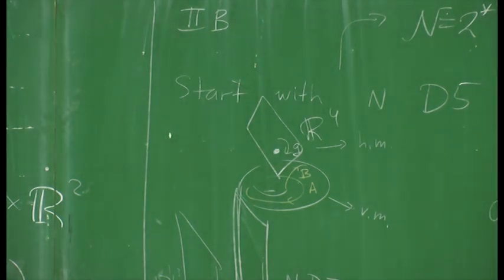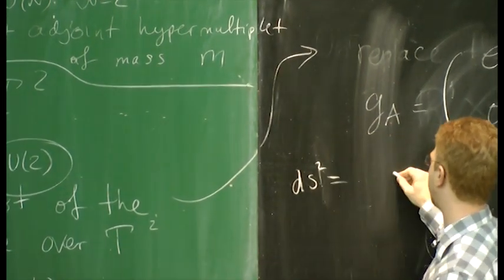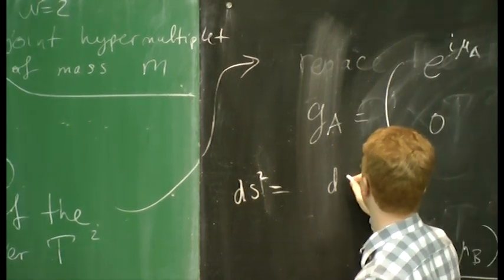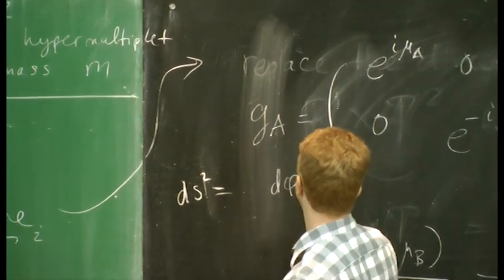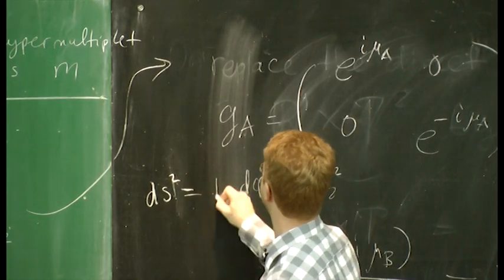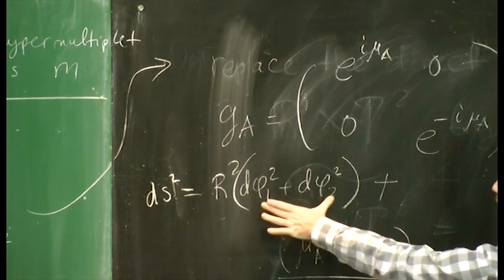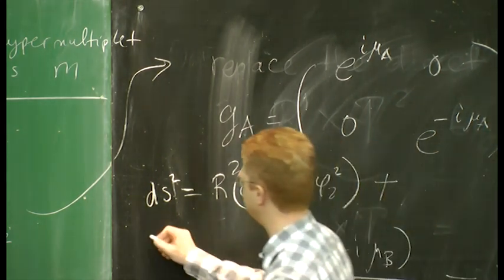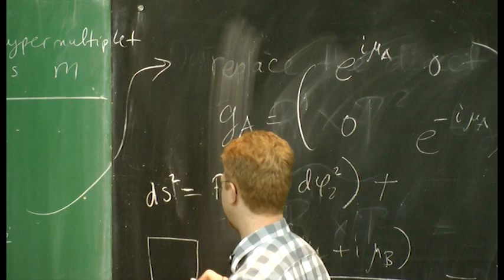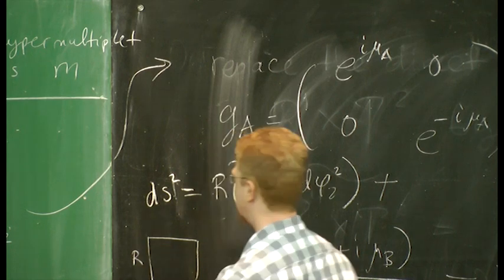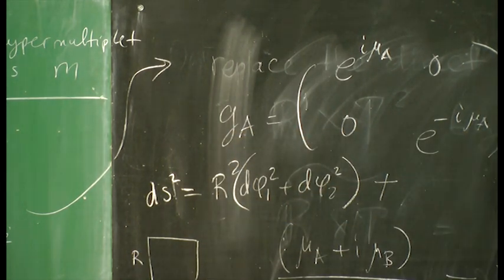Or you can also just do the direct analysis in Lagrangian, just by doing, if you like, the Kaluza-Klein reduction on the space with the metric of the form... So this is the metric on the 2 torus, which I'm taking for simplicity to be just a square torus with 2 sides of size r.